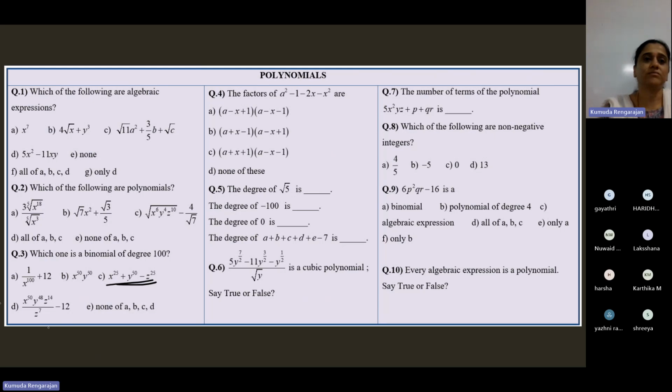Option C. Miss, in x we see that the degree is 25. The y is 50 and z is 25. They are the powers, not the degrees. So the power of x is 25, the power of y is 50, the power of z is 25. So what's the degree?